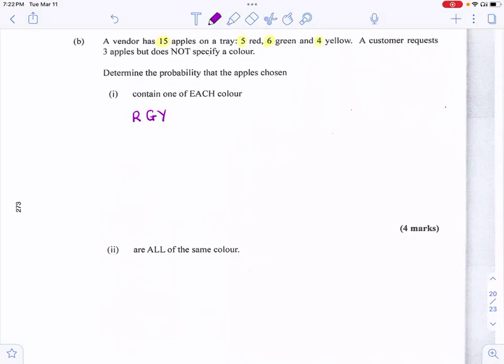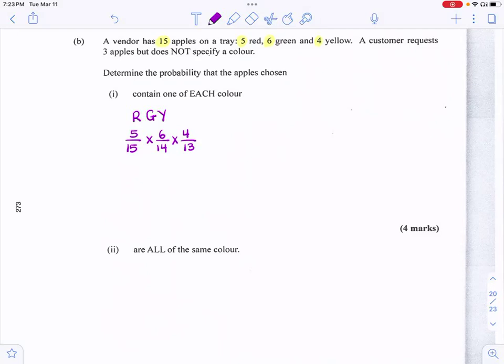The probability of getting a red apple is 5 over 15. The probability of then getting a green, and we multiply, would be 6 out of 14, because now instead of 15 apples, I have 14. And the probability of getting a yellow would be 4 out of 13. You all understand that?